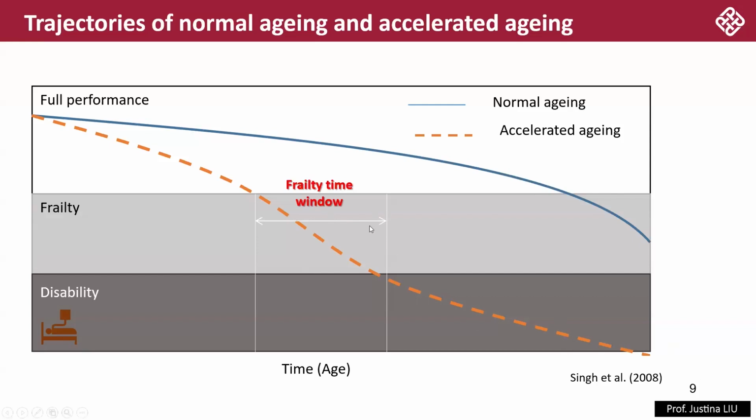But fortunately, when people with accelerated aging are first exposed to frailty, that provides a critical interventional window for us to implement appropriate interventions. Hopefully, we can reverse frailty and shorten the disablement period in later life.